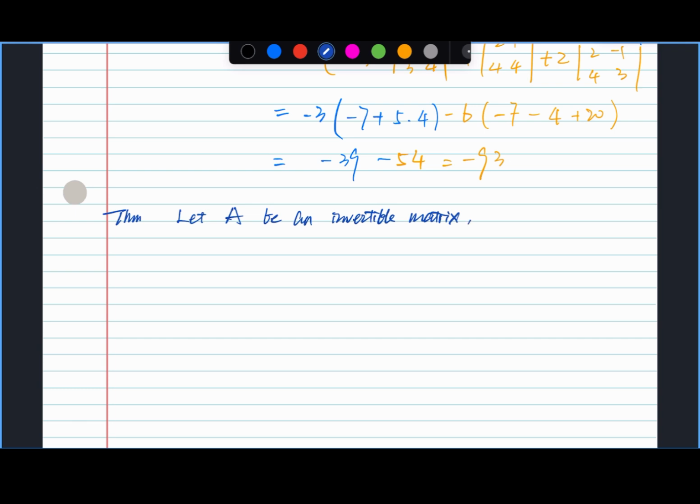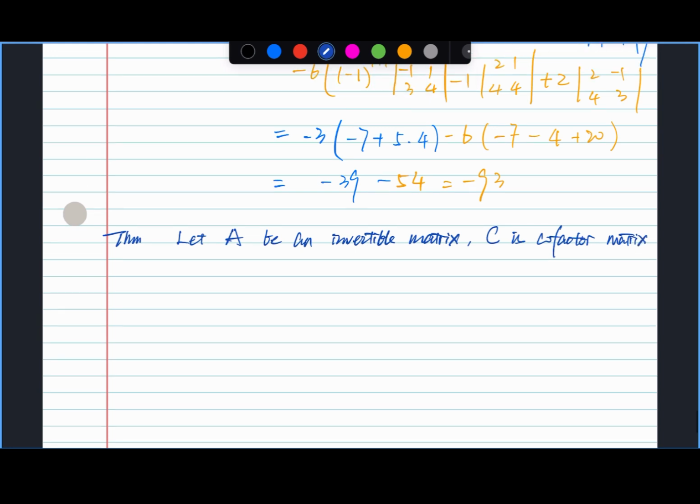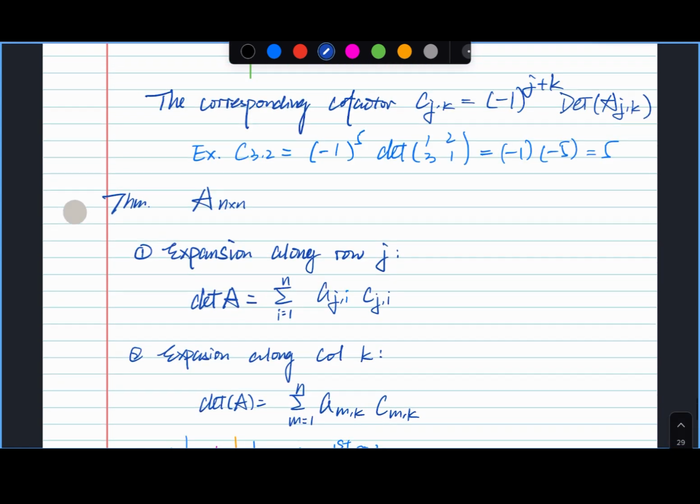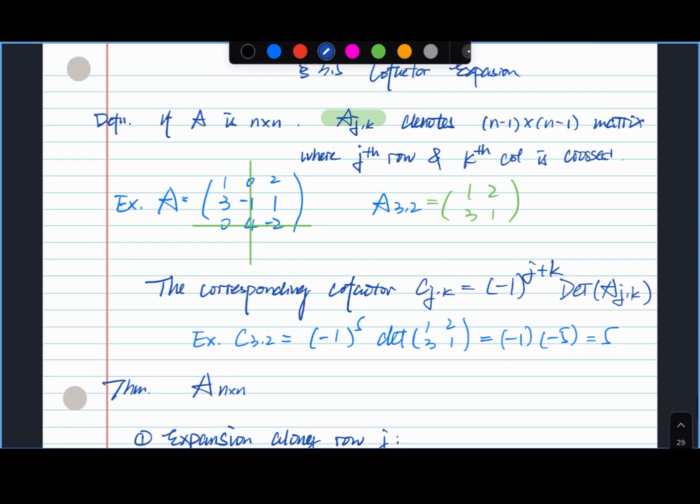Now let's define C, the cofactor matrix. What would the cofactor matrix look like? Is it just n minus 1 times n minus 1? It's actually, we know how to find the cofactor for each element.